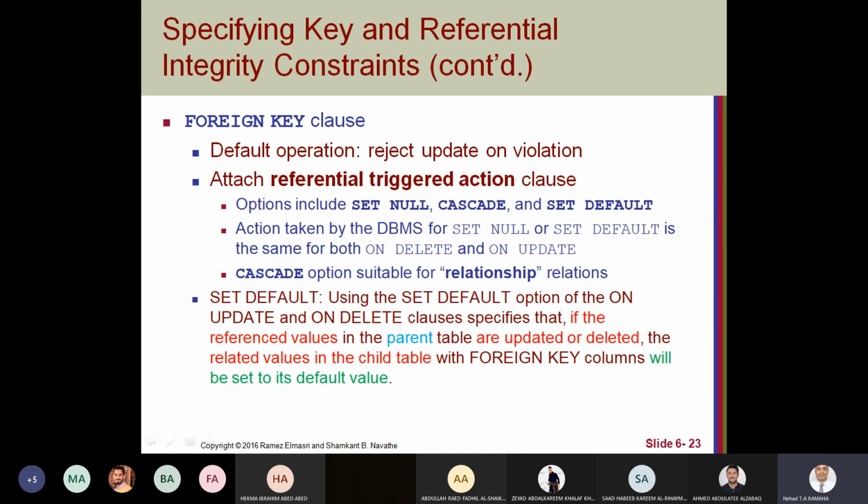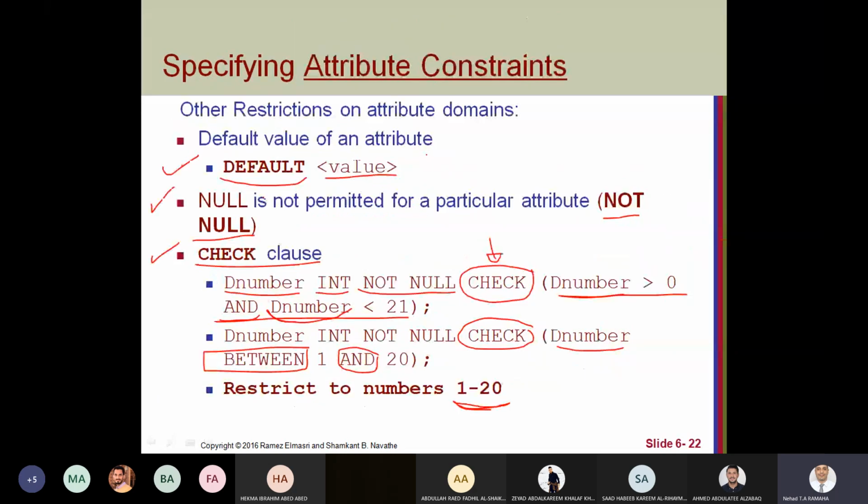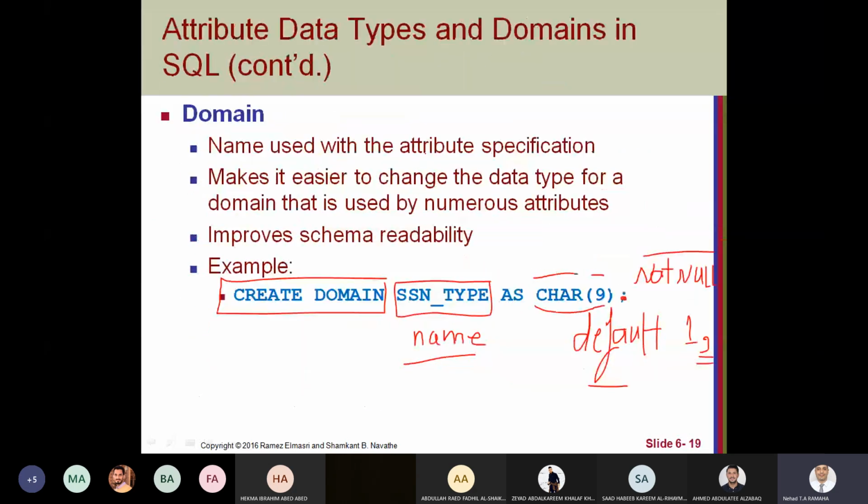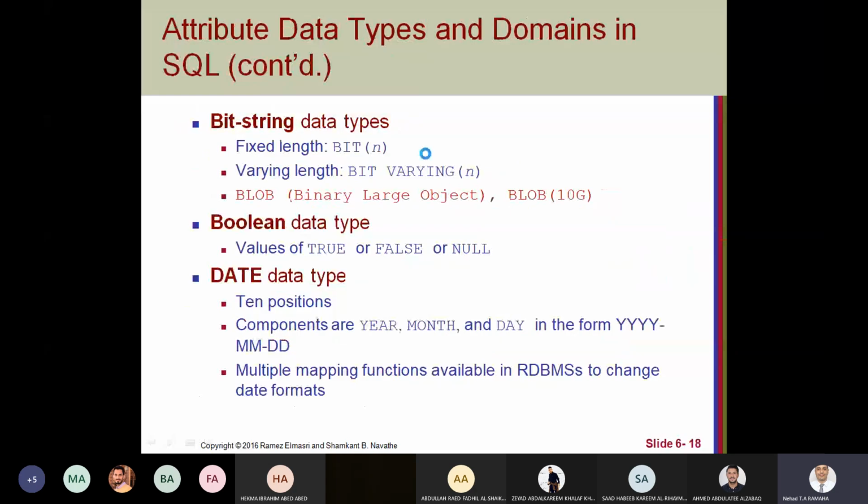Okay, foreign key clause, same as the primary key clause, but here you should name the attribute as foreign key and what is the reference for it, what's the primary key for it.